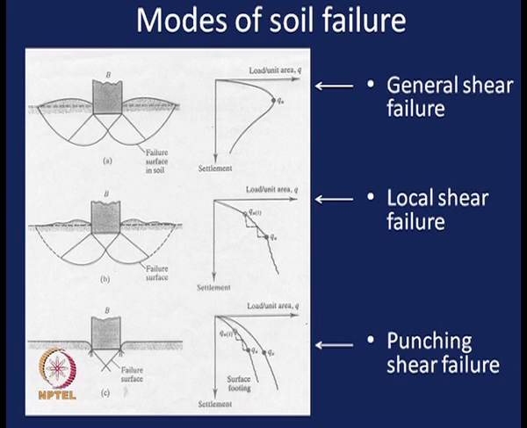That means this is basically the peak, and after that the soil has failed. So, for general shear failure we can identify the failure point. This peak, corresponding to load divided by unit area, this qu, is the ultimate load carrying capacity of the soil for general shear type of failure. Here we get a particular peak.